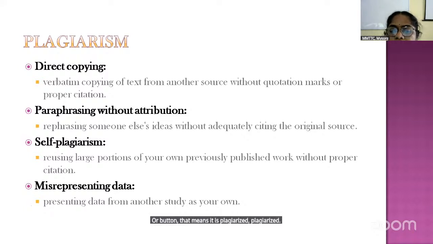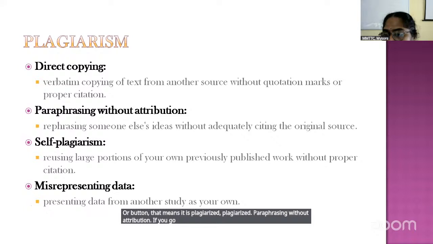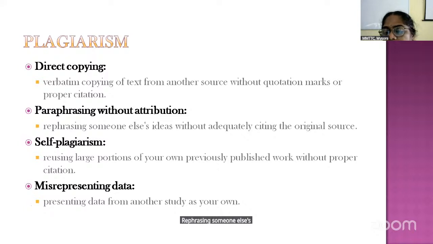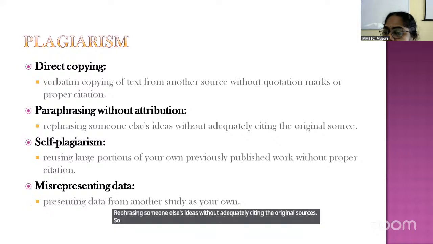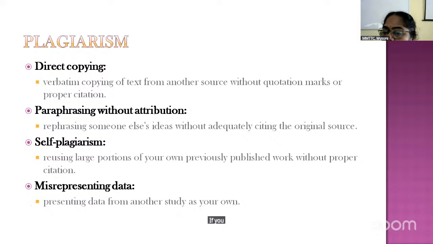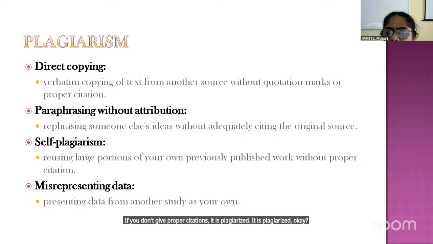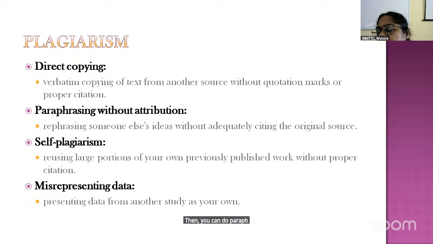Paraphrasing without attribution: rephrasing someone else's ideas without adequately citing the original sources. Whatever you take from others, if you don't give proper citations, it is plagiarized. Then you can do paraphrasing. Who said not to do?